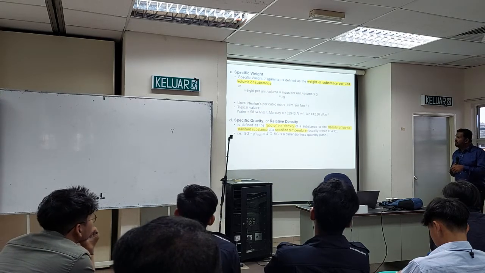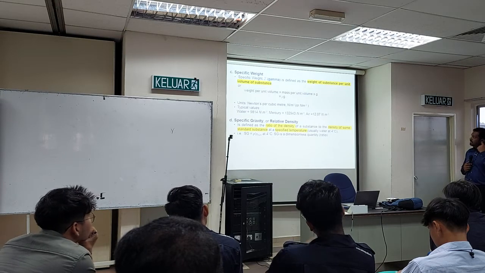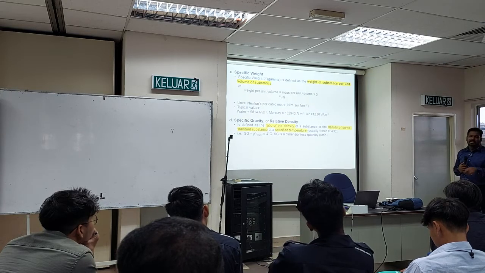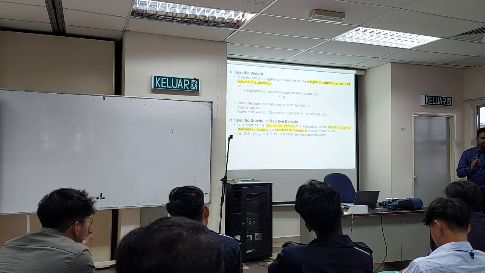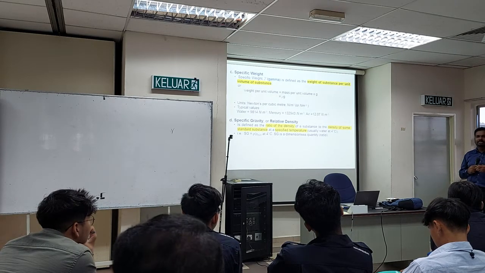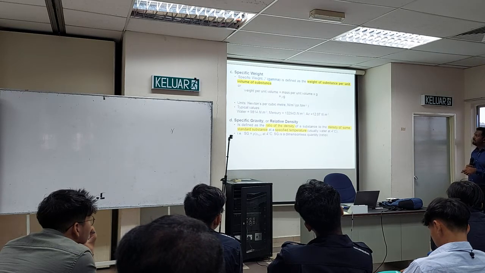So you can have specific weight, something to do with weight. So weight of the substance per unit volume of substance. So you are taking one particular volume and you are taking a weight of the substance, not the mass. Bukan dalam kilogram tapi dalam Newton. So weight per unit volume, so mass per unit volume times with gravity.